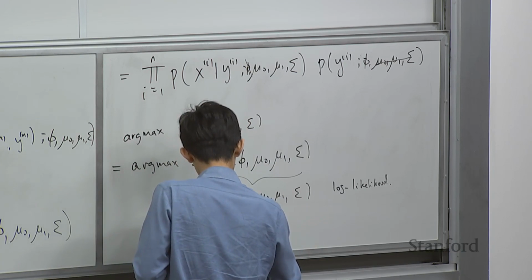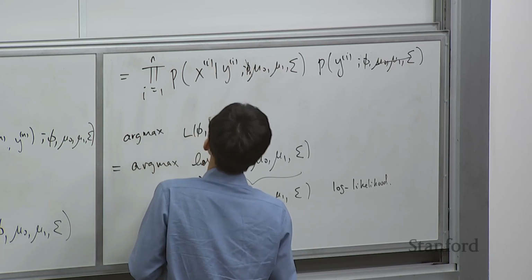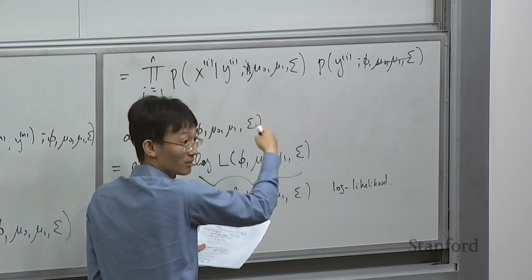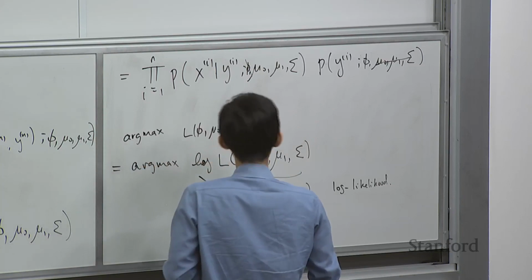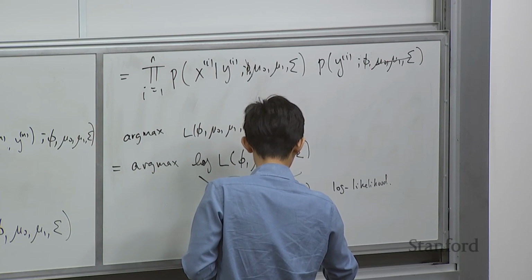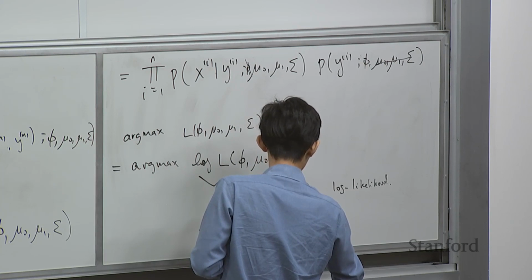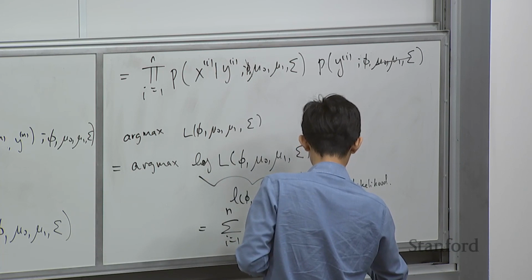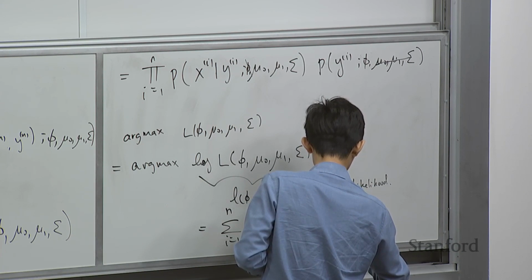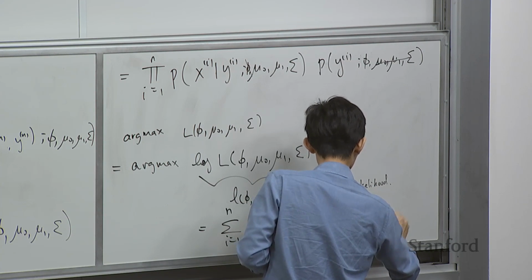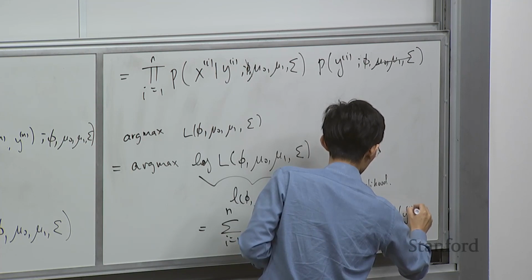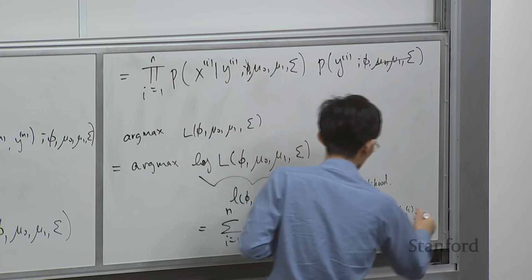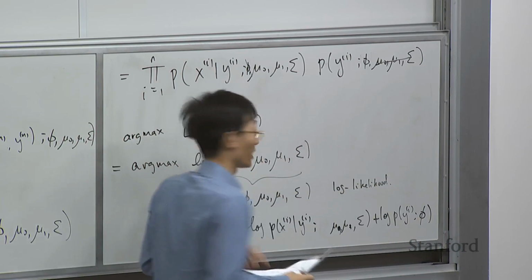So it will be the sum of the log of these two terms: log of p of xi given yi, plus the log of p of yi given phi. Everything becomes a sum.